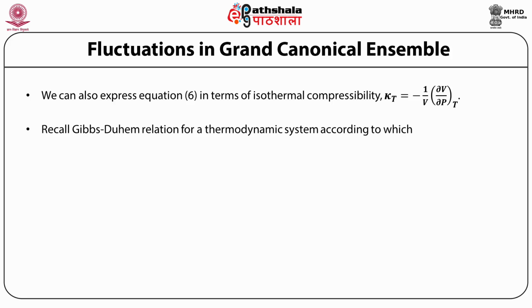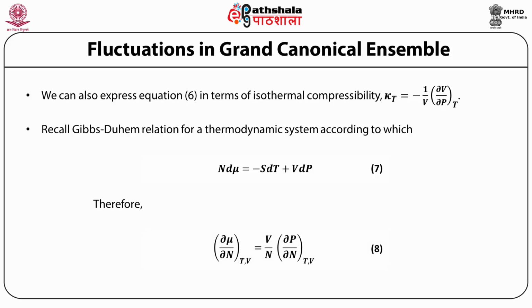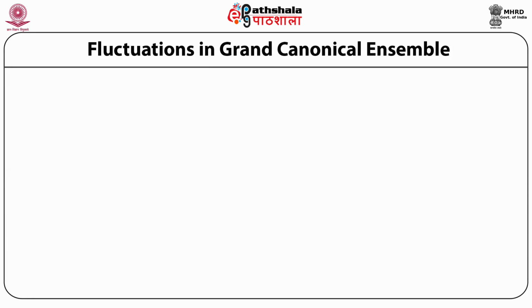Recall the Gibbs-Duhem relation for a thermodynamic system, according to which the number of particles multiplied by the differential of mu is equal to minus entropy multiplied by the differential of temperature plus volume multiplied by the differential of P. Therefore, the partial derivative of mu with respect to n at constant T and V is equal to V upon n multiplied by the partial derivative of P with respect to n at constant T and V. And the partial derivative of mu with respect to V at constant T and n becomes equal to V upon n times the partial derivative of P with respect to V at constant T and constant n.